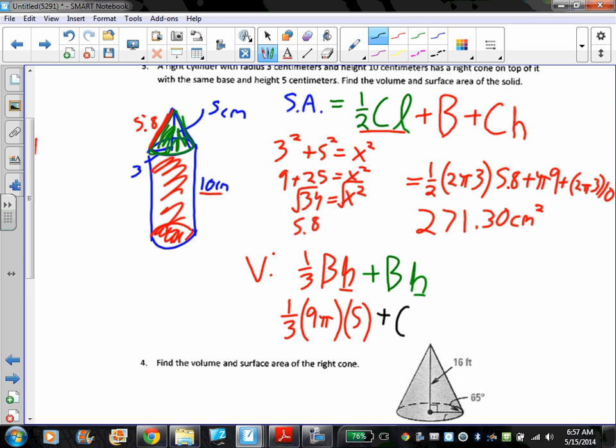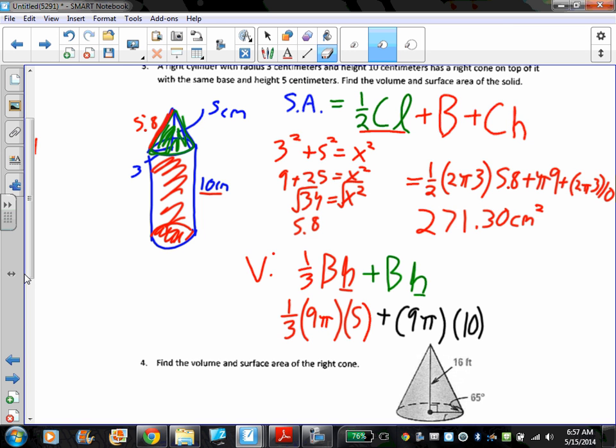Plus that base again, 9 pi, the area of it, times this time 10, because that's the height of the cylinder. So 1 divided by 3 gives us our 0.3 repeating, times 9 times 3.14 times 5, plus 9 times 3.14 times 10.